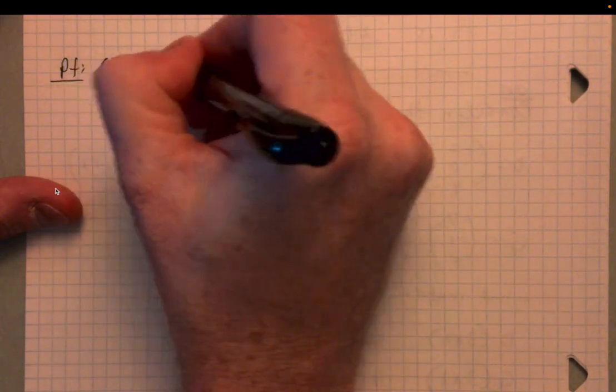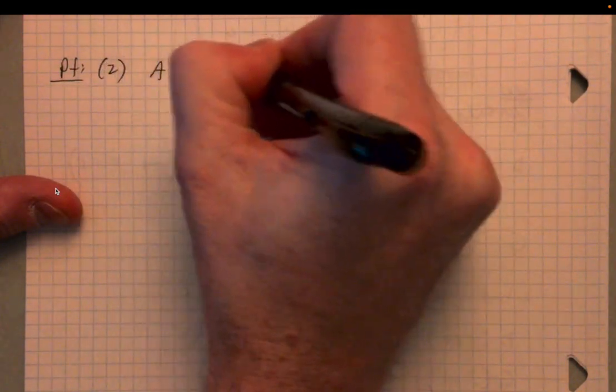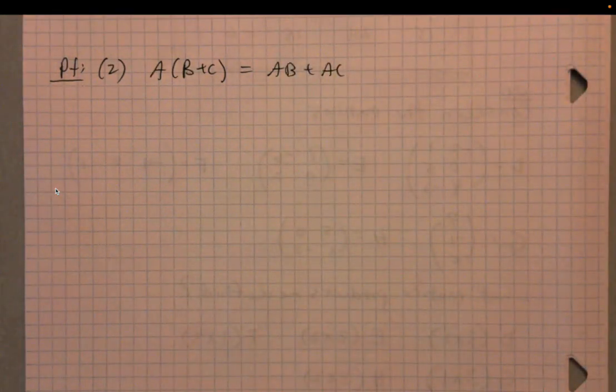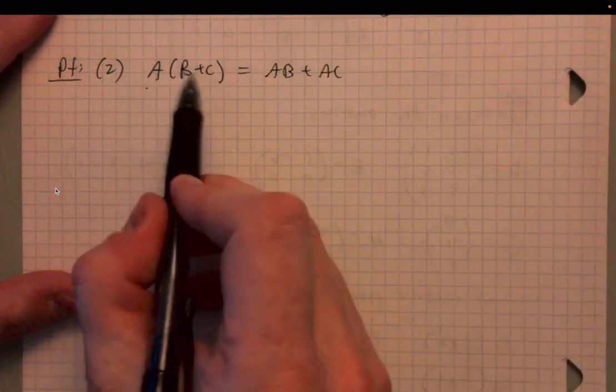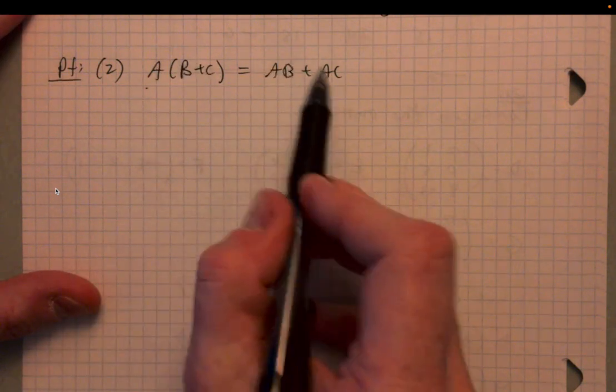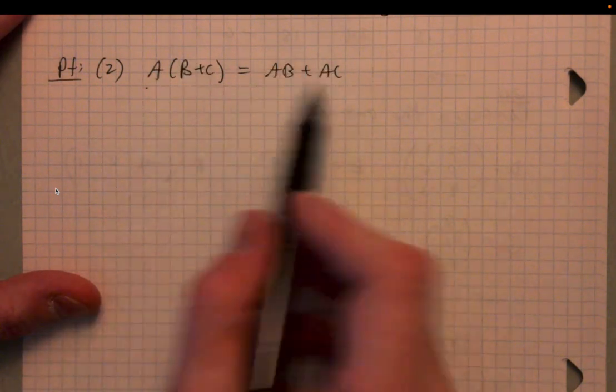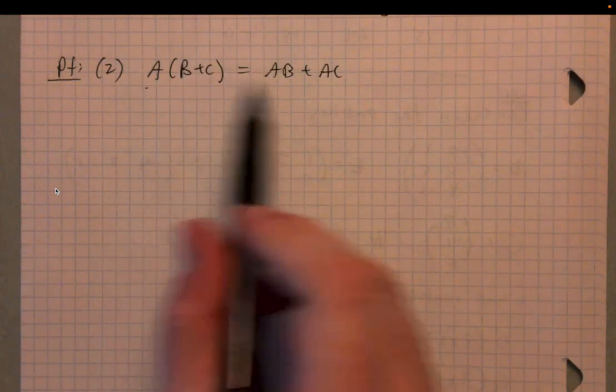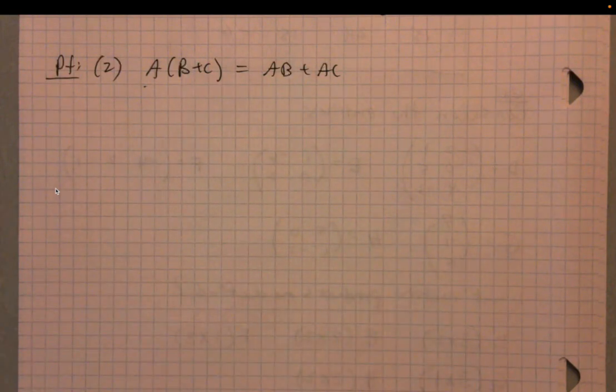So we want to show that A times (B plus C) equals AB plus AC. Now, there are really two things we need to show. We first need to establish that the two matrices have the same dimension, that this side has a certain dimension and that this side has the same dimension. Once we establish that, we need to show that the ij entry of both matrices is the same.